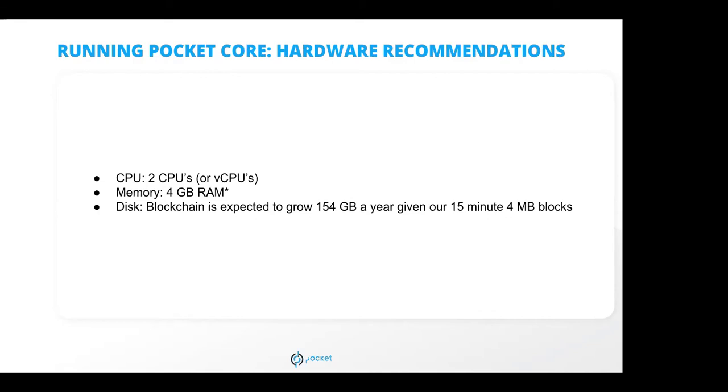However, we do have other storage needs. In terms of the blockchain size, we deem them not negligible, but they are going to be covered as long as you follow this trend: if you plan yearly, for example, 154 gigabytes for each Pocket instance.